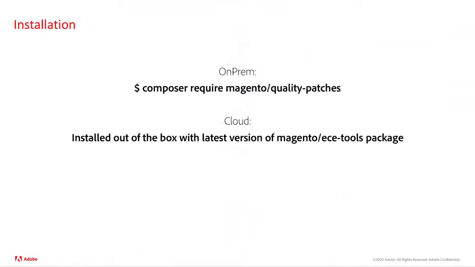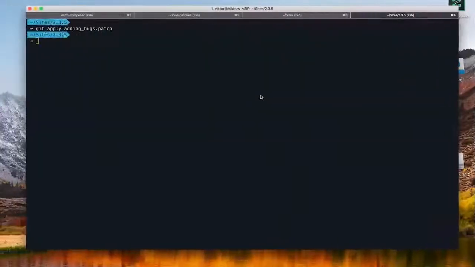If you are an on-prem customer, then you should require the MQP Composer package using the command composer require magento quality patches. If you are a cloud customer, just update Magento ECE tools and you will be all set. Okay, let's try. I'll make a small modification in the command to get a demo package.